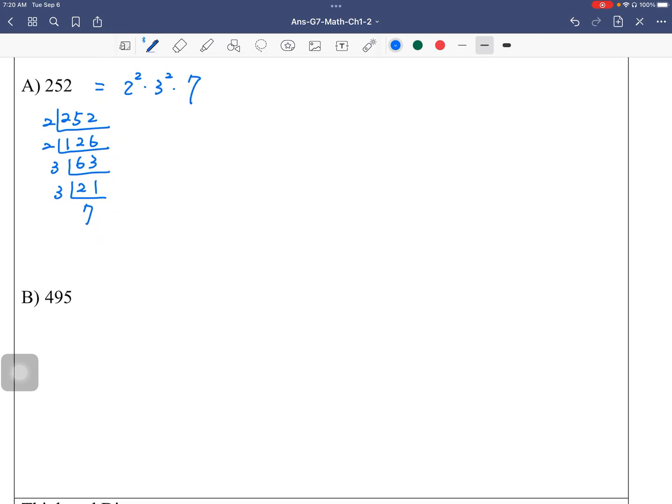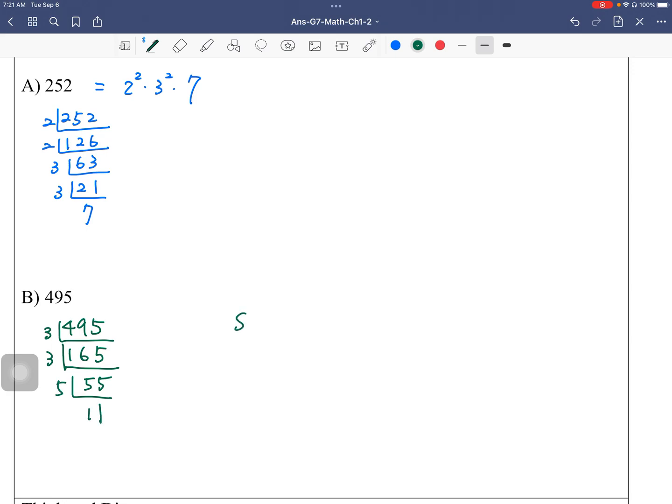Then for 495, start with 2, not going to work, start with 3, not going to work, start with 5. Okay, I'm sorry, I made a mistake. To do this short division using steps, I need to start with the smallest prime number, and I have to keep doing it until it's no more. So this can still be 3, and then 5, 11.